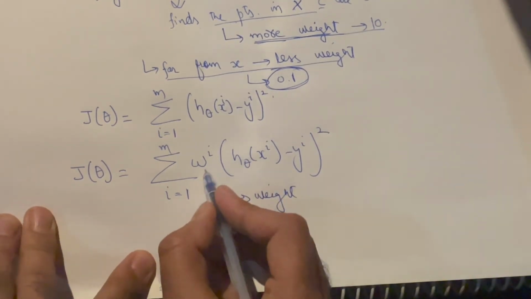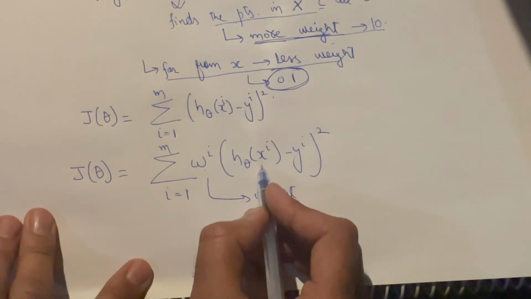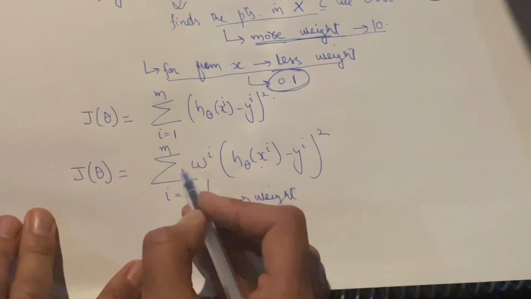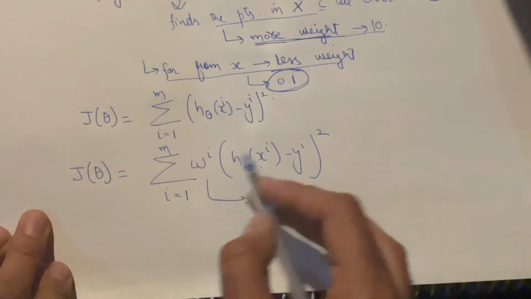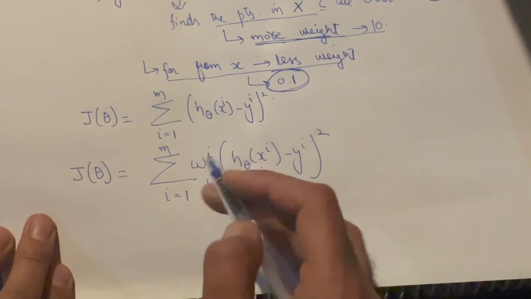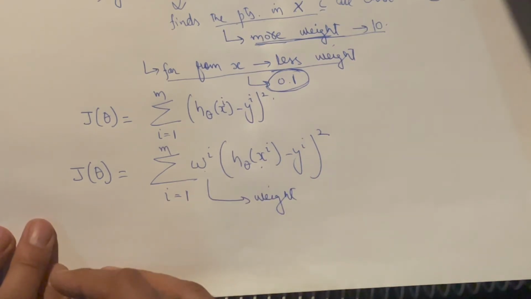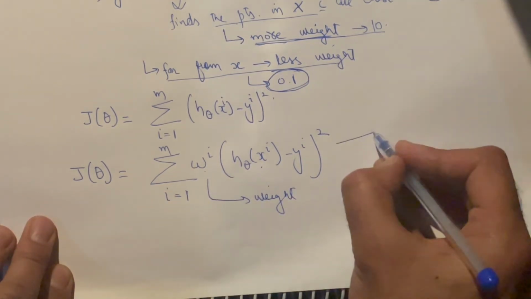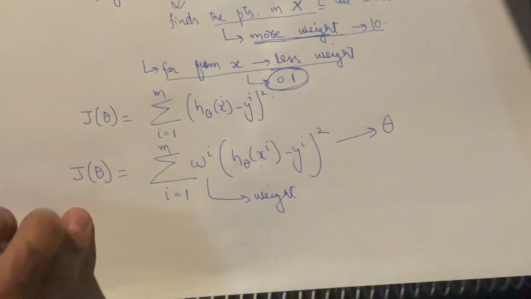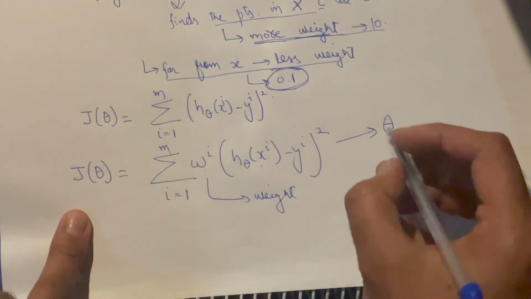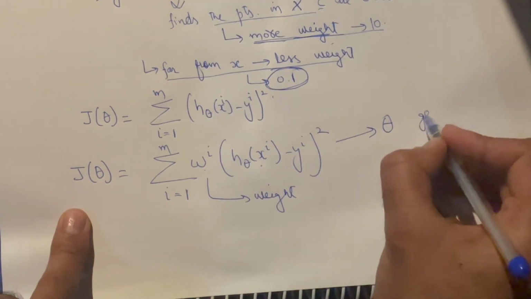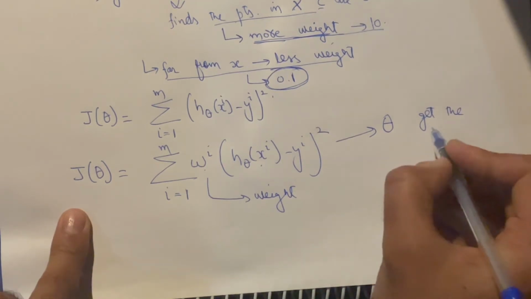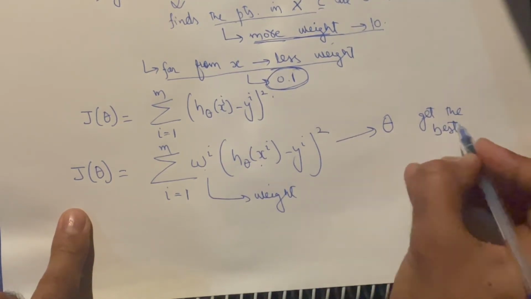For points which are near to x, the weight will be high, and for points which are far from x, the weight will be very little. By finding theta with this mechanism, we will be able to get the best prediction.